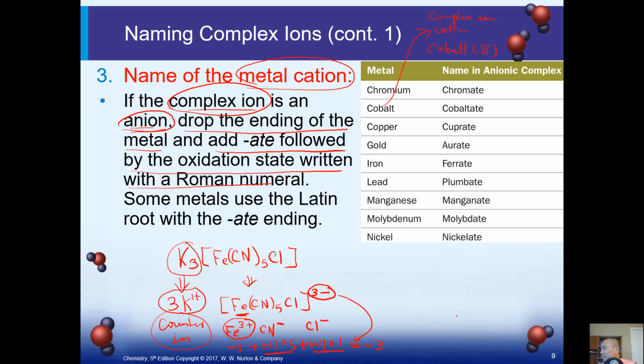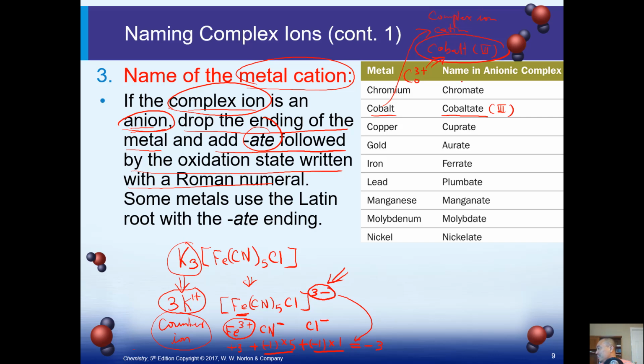Okay. However, if the whole thing is an anion, similar to this one, if it's a cobalt, you do not call that cobalt(III), rather you're going to call this cobaltate(III), because you add -ate. For this example, it would be called cobalt(III) if the complex ion is a cation.